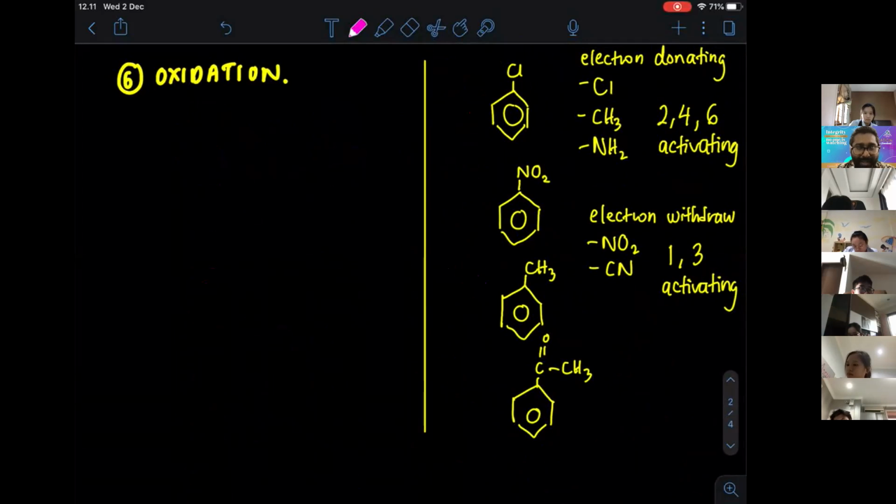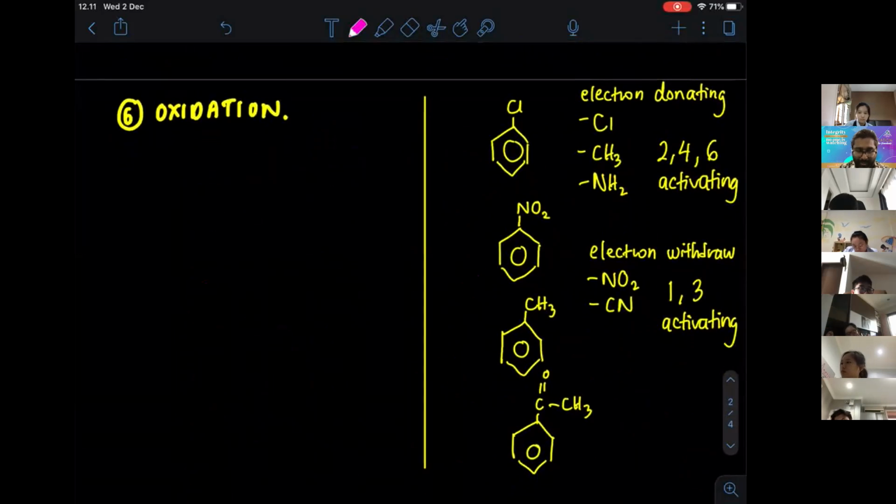The last one that we want to look at is the oxidation reaction. Do remember, alkanes will never undergo oxidation reaction generally. But when it comes to benzene, to be exact, something must be attached to it, generally an alkyl group, CH3 in your textbook.